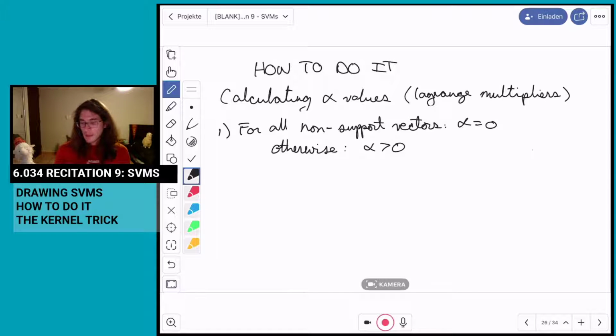So here what is happening is, if we consider the alpha value the weight of a point, or how it sustains the decision boundary, that's why I'm referring to it as the weight, then all points that are not support vectors, are not near the boundary, have a weight of 0, which means the number of points that we have to consider for such a problem, even if we have a huge pool of data, is actually extremely small. It's only those that are near the boundary. So in terms of efficiency, this is a really big step.